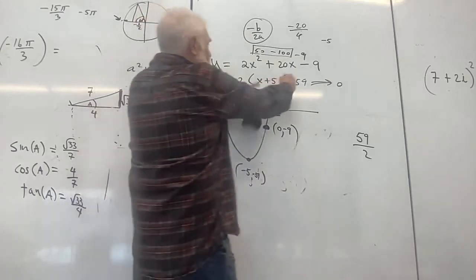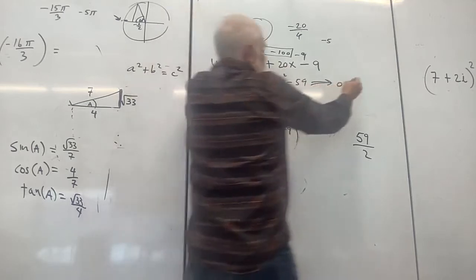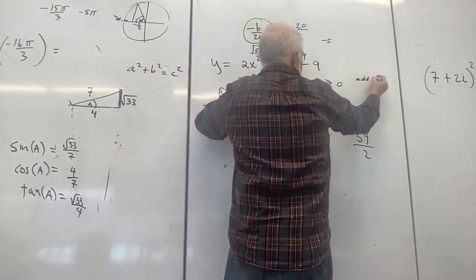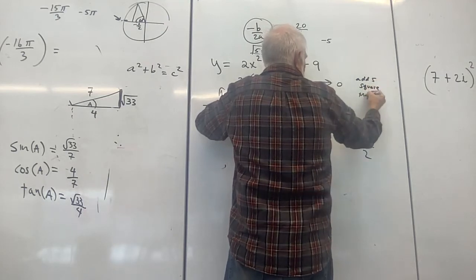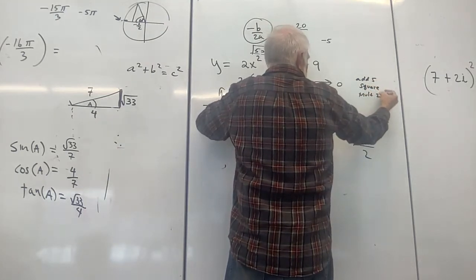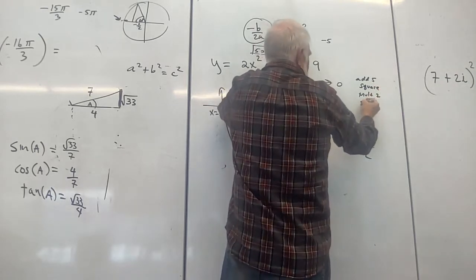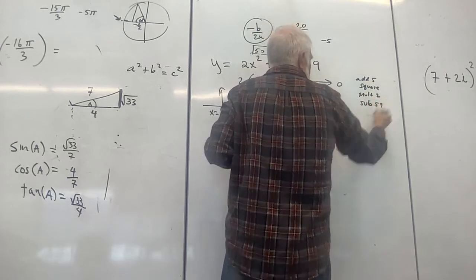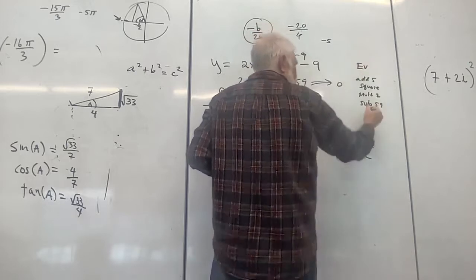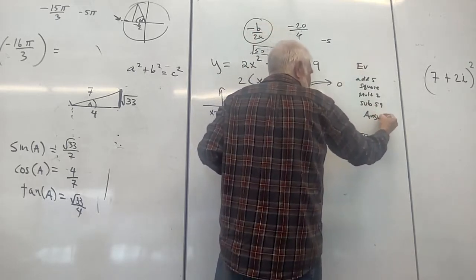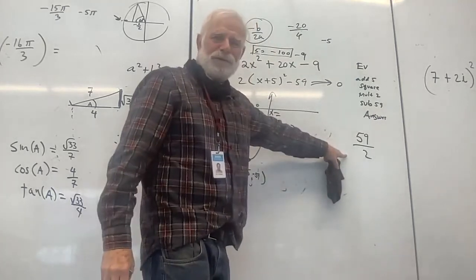Okay, I'm putting something in here. I'm adding 5. I'm squaring. So the order of operations here is add 5, square, multiply by 2, and then subtract 59, sorry. Subtract 59. And that's how you evaluate. And when you evaluate a function, you get an answer. Well, I'm getting you your answers for your roots.